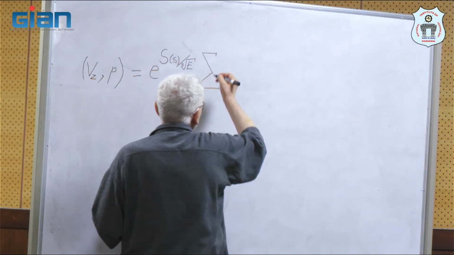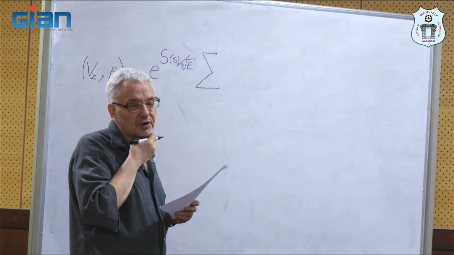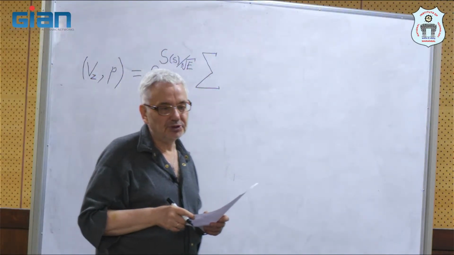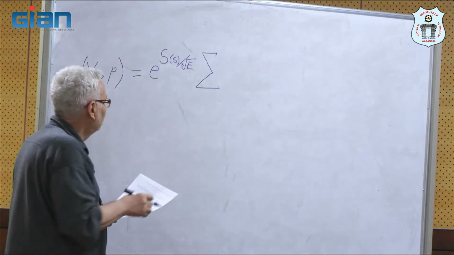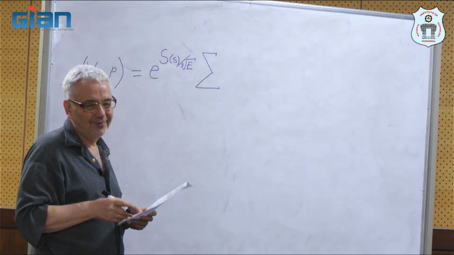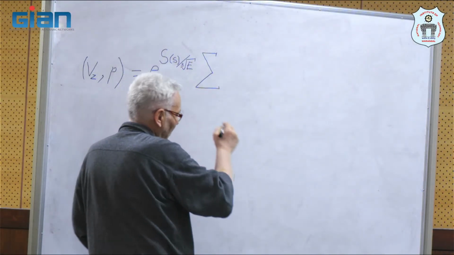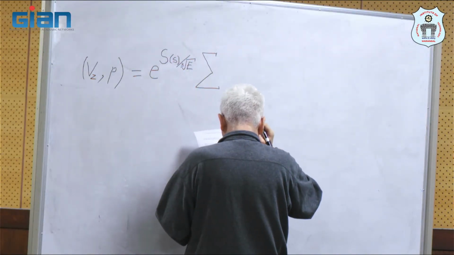It's interesting to see some interaction. On Sunday, Professor Rameshwar spoke with you about singular and regular representation. Here we have both in one, because there is a singular part, this one, and there is also a regular part, which is working in quite a regular way.